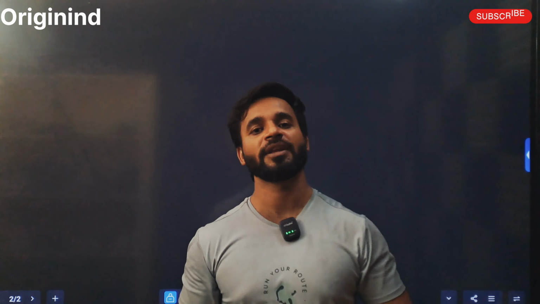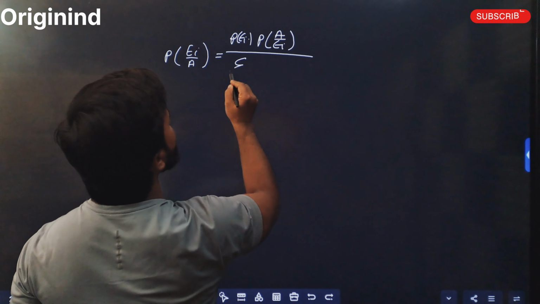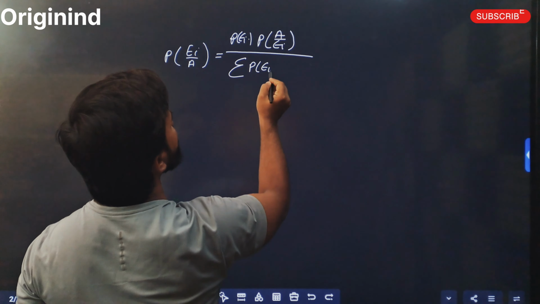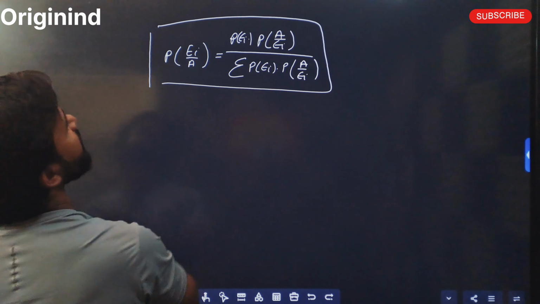So it is P of A given Ei into P of Ei, divided by the law of total probability, the summation of P of Ei into P of A given Ei. This is the Bayes theorem.